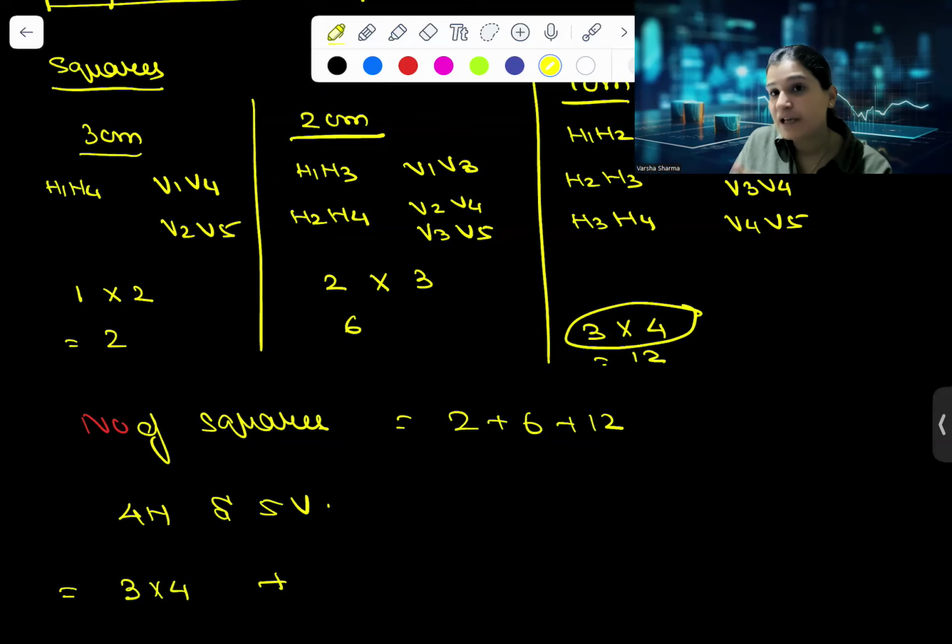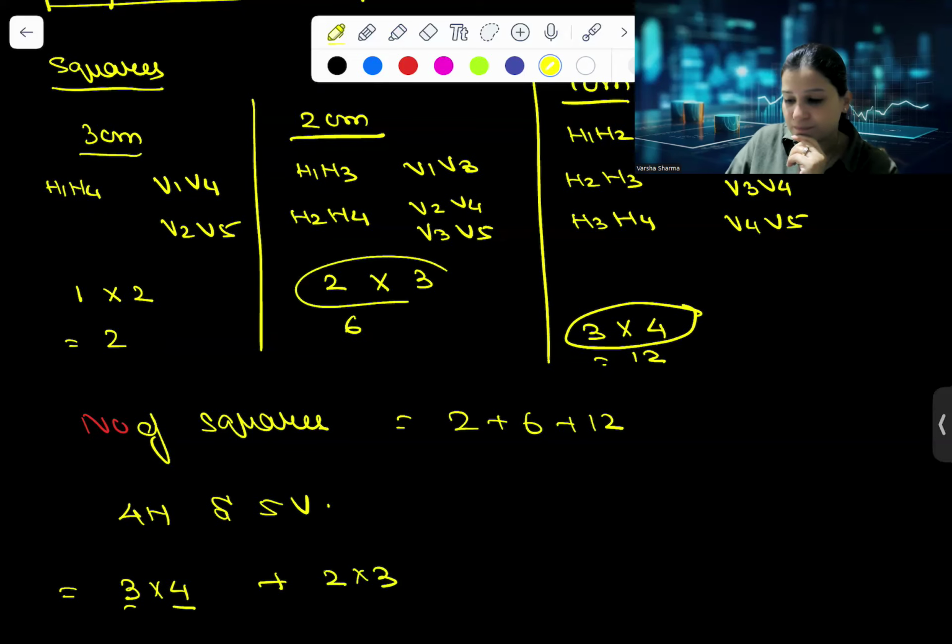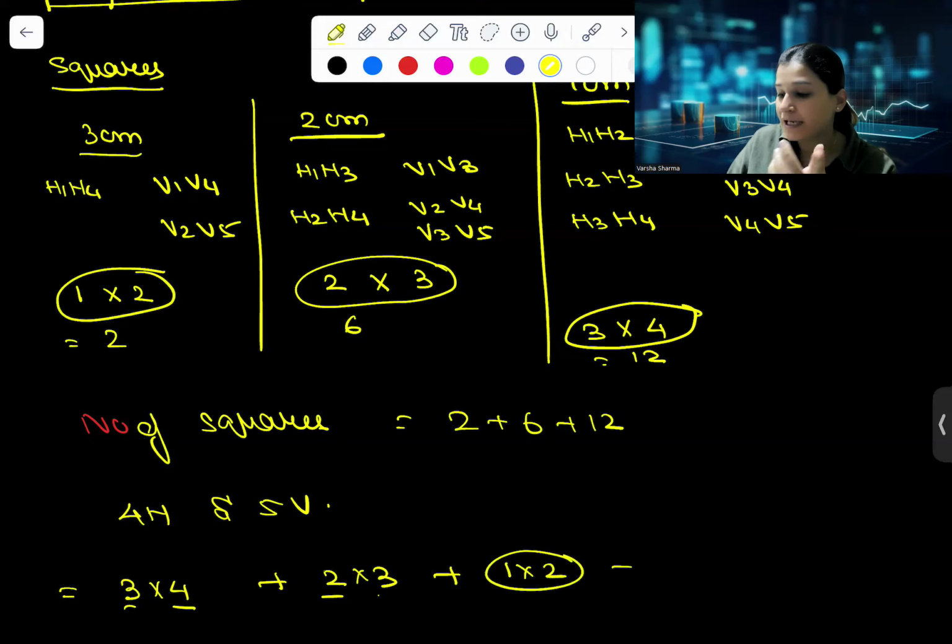Plus, again subtract 1 from them. So 3 minus 1, 2, 4 minus 1, 3, multiply. Plus, again, 2 minus 1, 1, 3 minus 1 is 2, multiply. If I again subtract, I'll get 0, so there is no point. This is how we get squares.